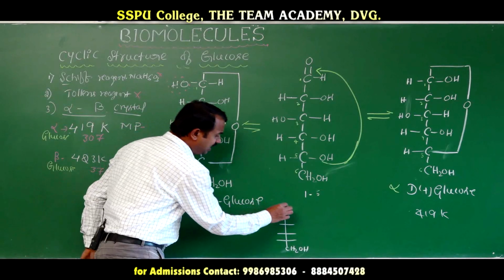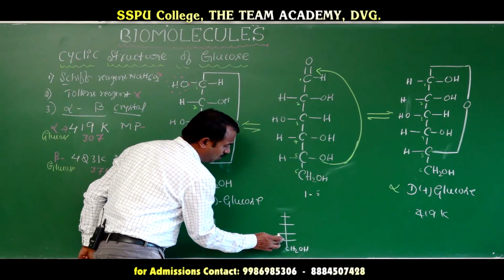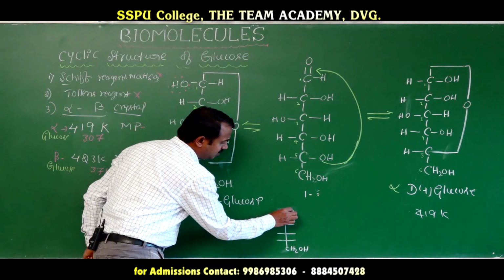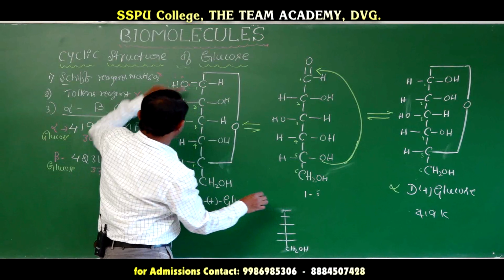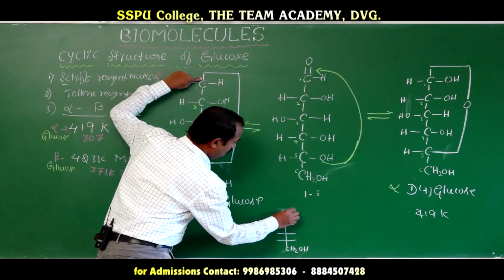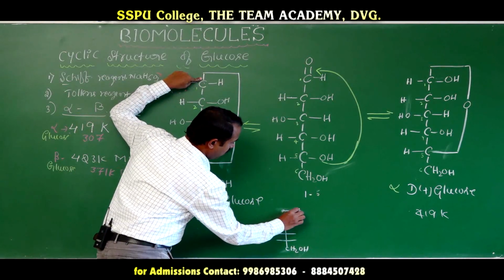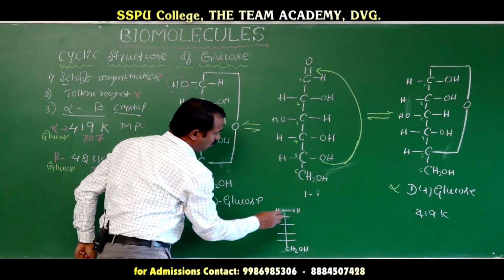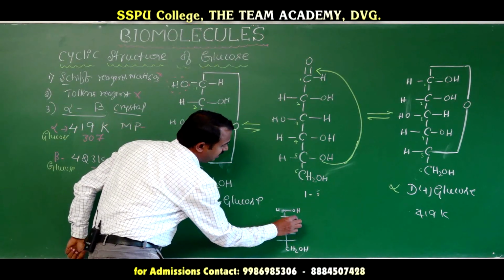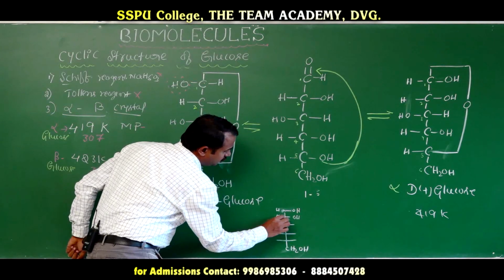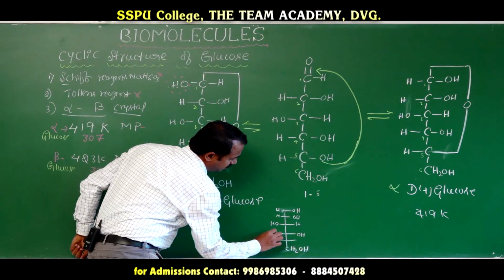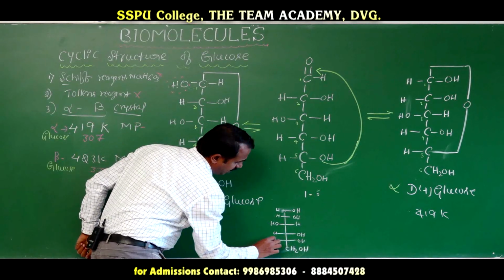Carbons 1, 2, 3, 4, 5. The last carbon has OH, OH, H. Another carbon has OH. Next one is also OH, H. Next is OH, H, OH, H, OH, H.